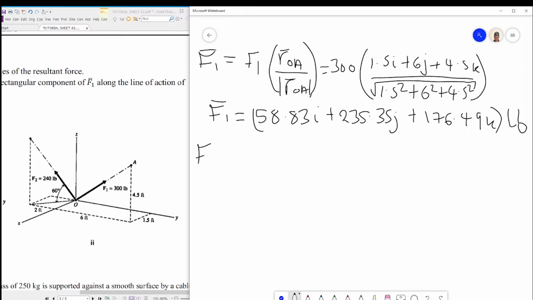We get F2 as a vector. It will be the same. F2 magnitude multiplied by the position vector over magnitude ROB.